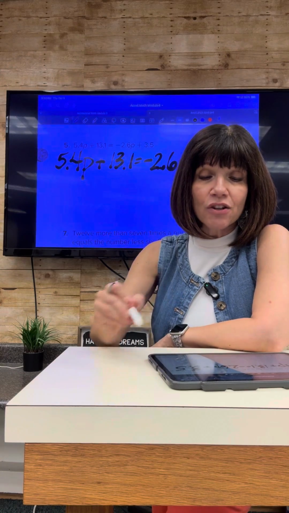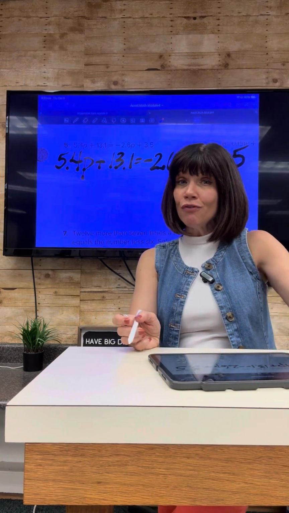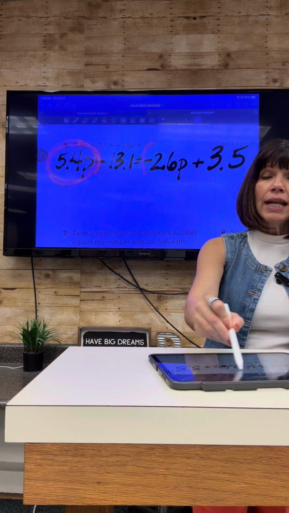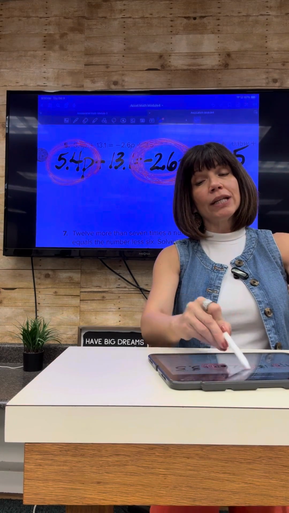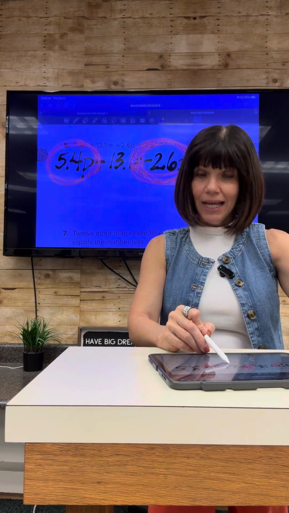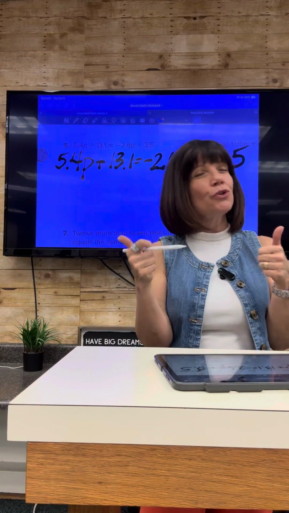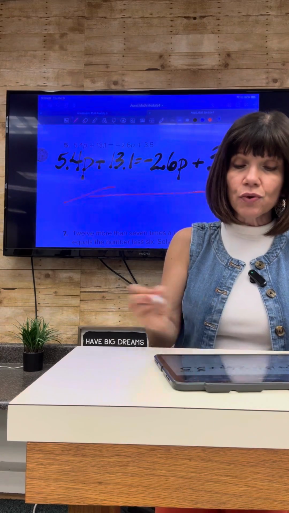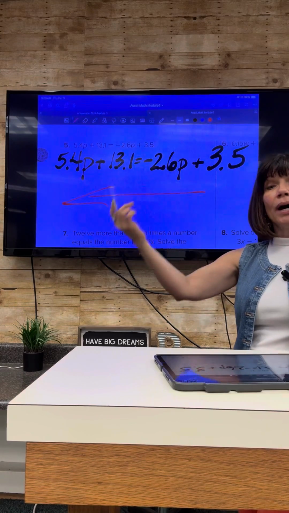So guys, on your paper, do you think that the lesser value of p is 5.4 or negative 2.6? On the count of 3. 1, 2, 3. If you said negative 2.6, how do you immediately know you are correct? Because whatever amount is to the left on a number line is always the lesser amount.